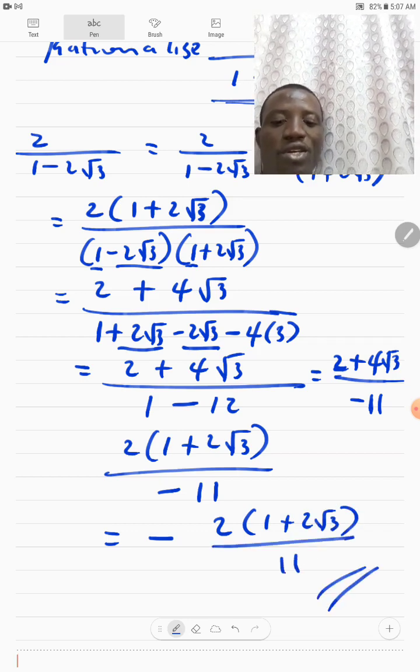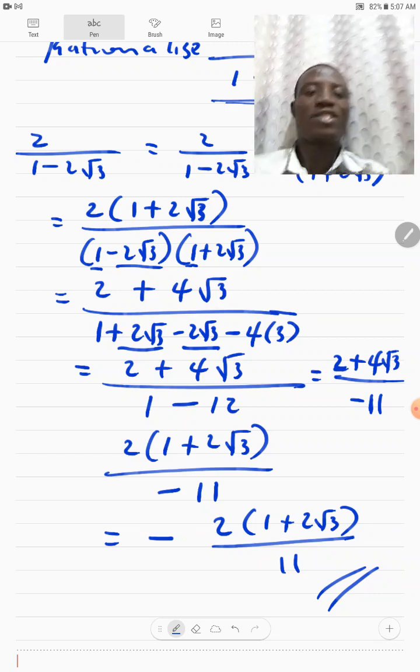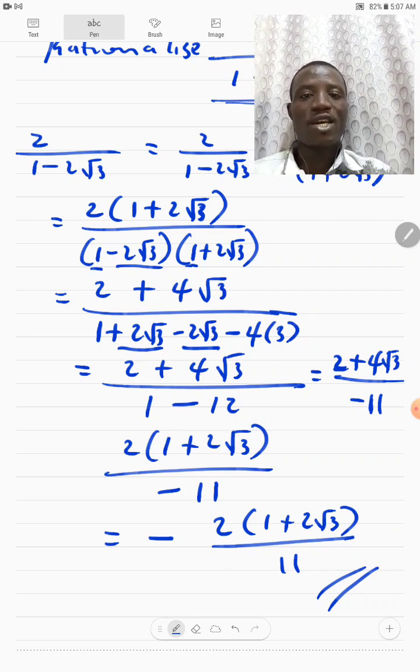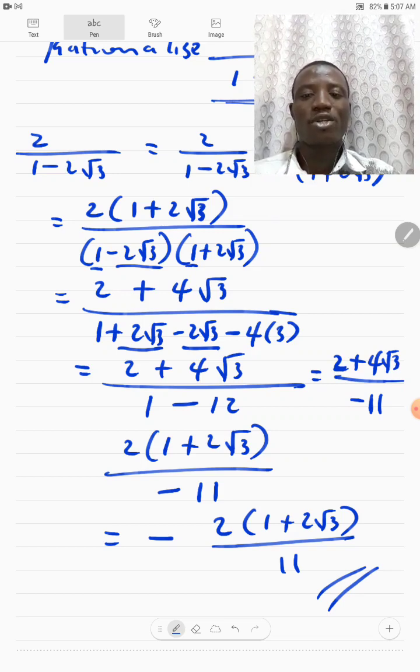This will be our simplified answer. Now you can see that our denominator is already written in rational number, and hence we have rationalized the denominator, and we did this using the conjugate surd.